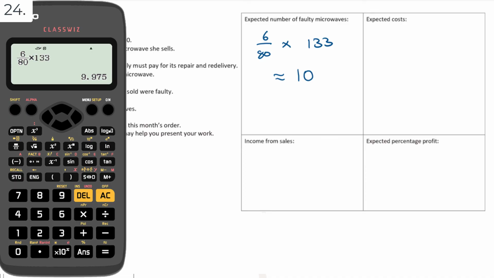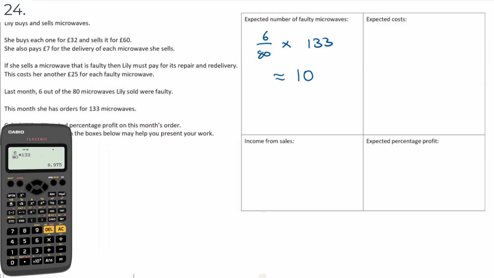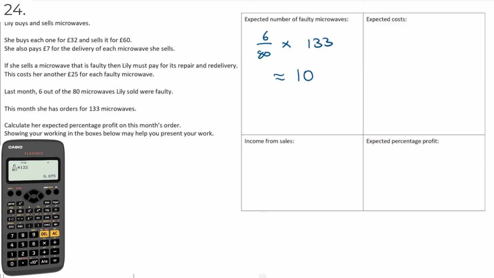Now income from sales, that's pretty easy. I've got orders for 133 microwaves. She buys each one for £32 and sells it for £60. She also pays £7 for the delivery of each microwave she sells.